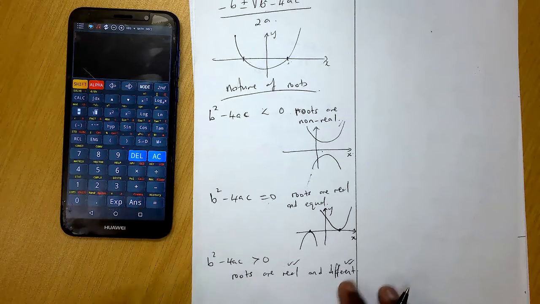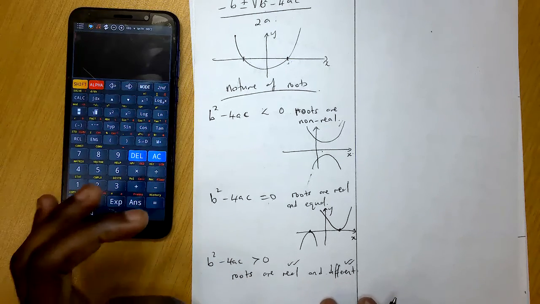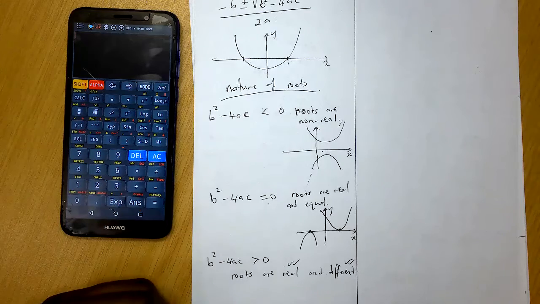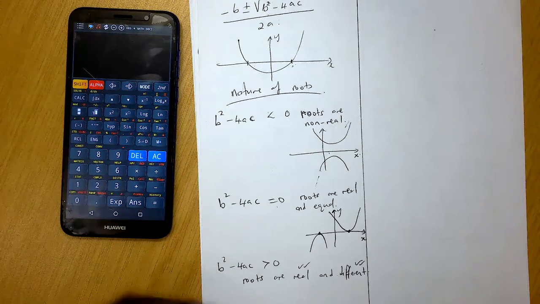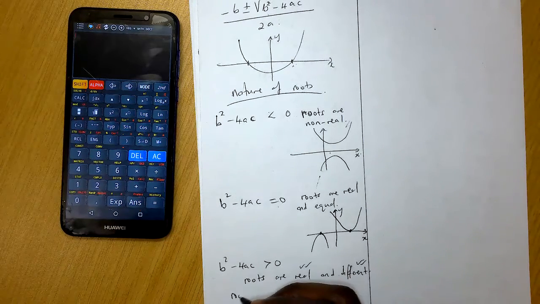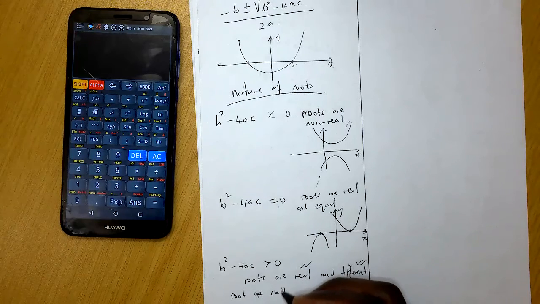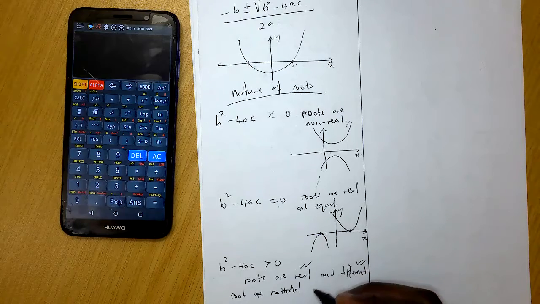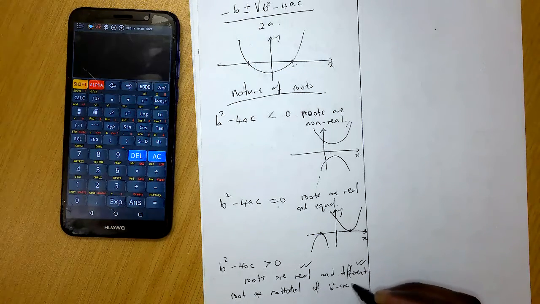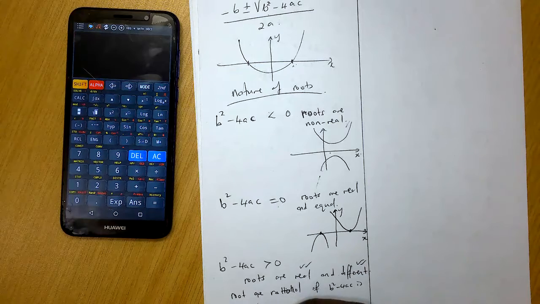Now, if the b squared minus 4ac is a perfect square, the roots are rational.